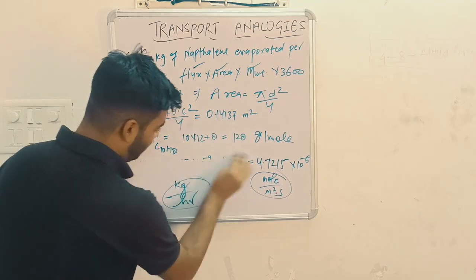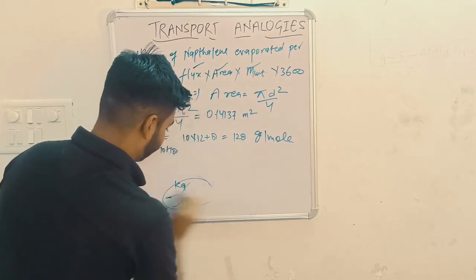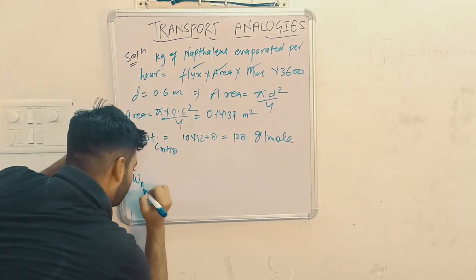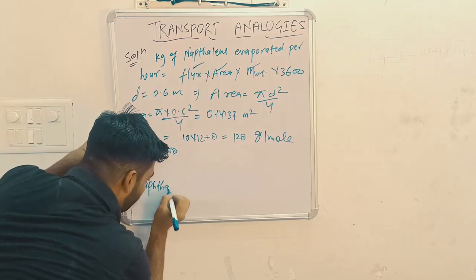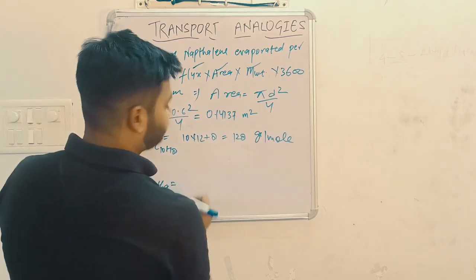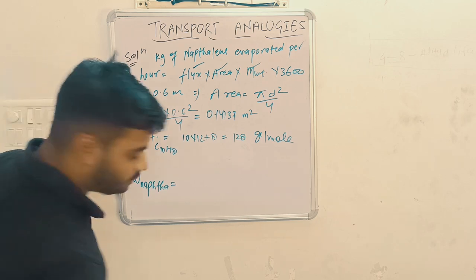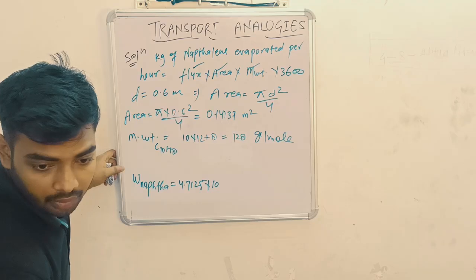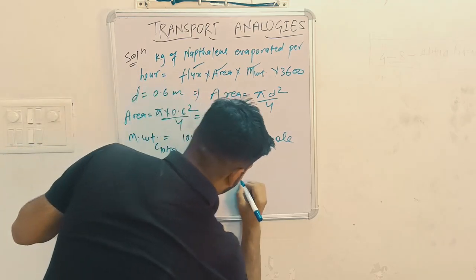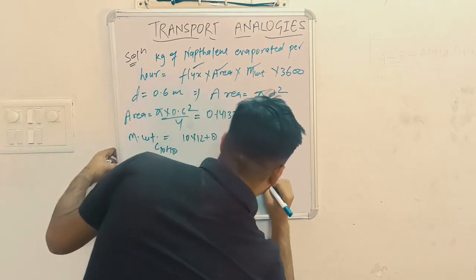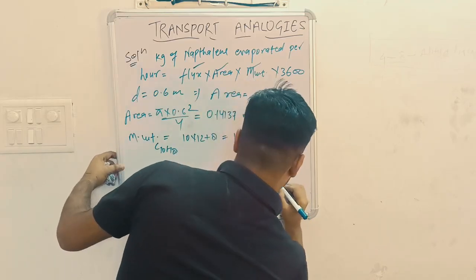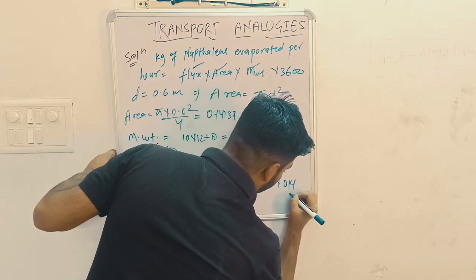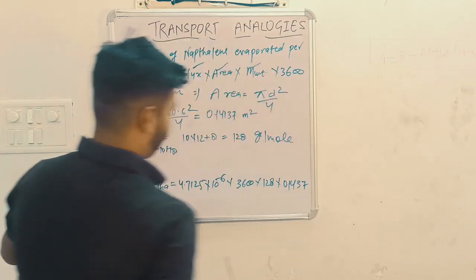So we will put the values and get the final result as 4.7215 into 10 power minus 6 into 3600 into 128 into area 0.1414.